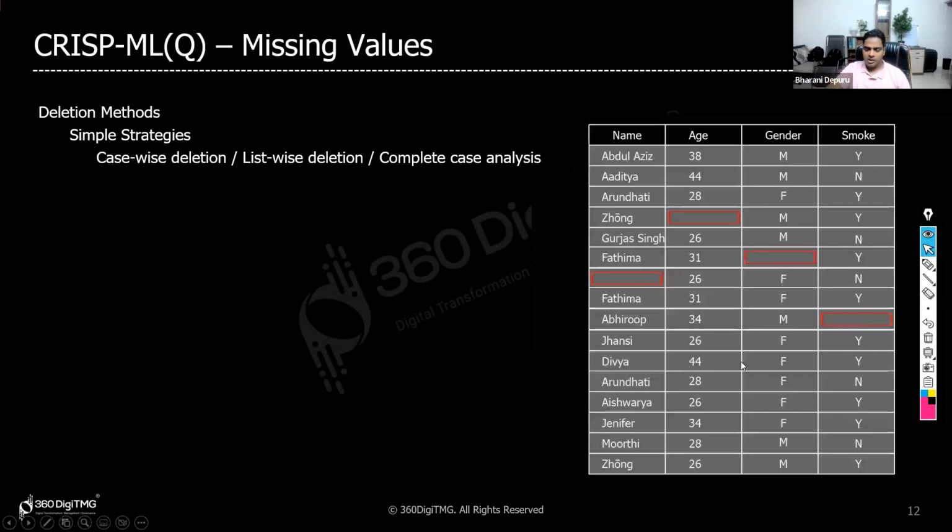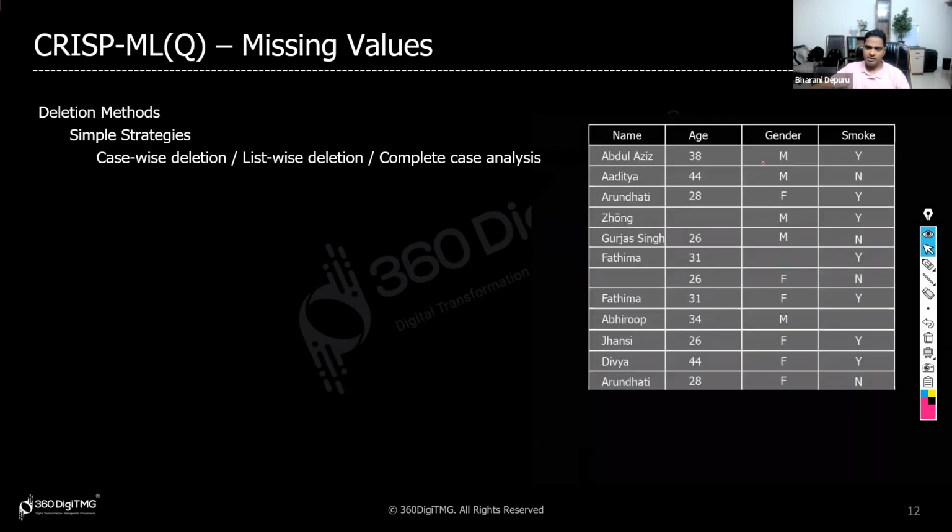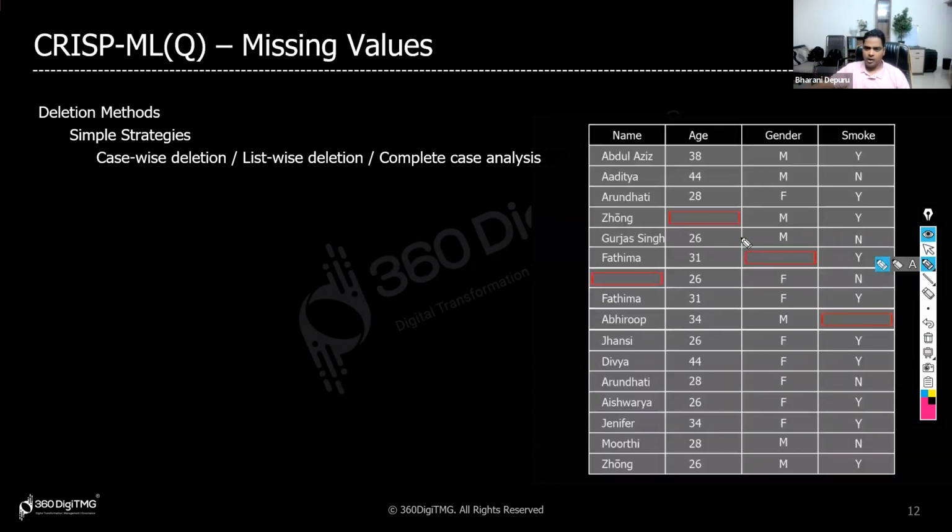So let's take an example and try to solve that. In this specific data set, you have all these values which are missing. If you don't impute or replace the missing values with any logical value, what will happen? Though you have only one entry missing, the entire row will get deleted.